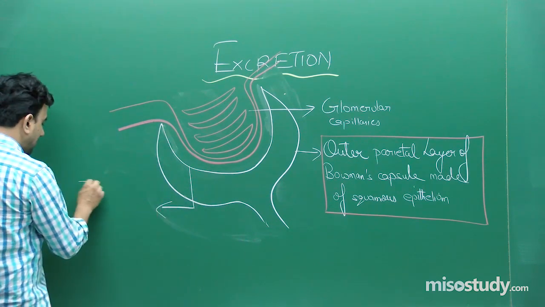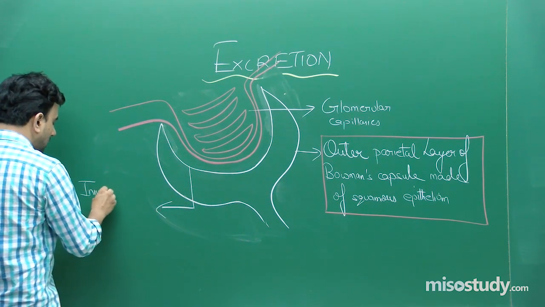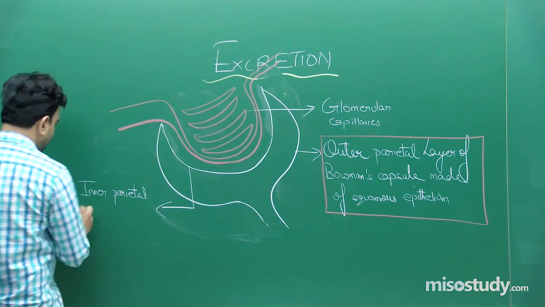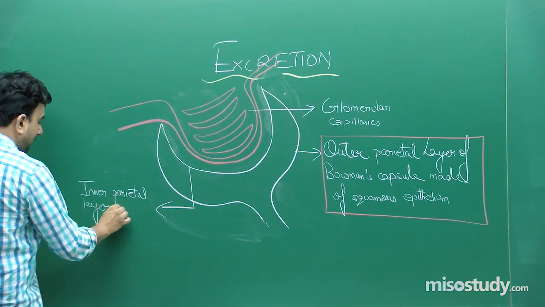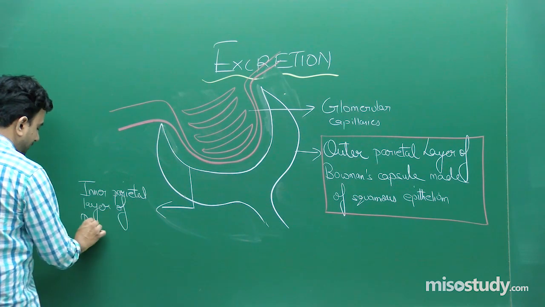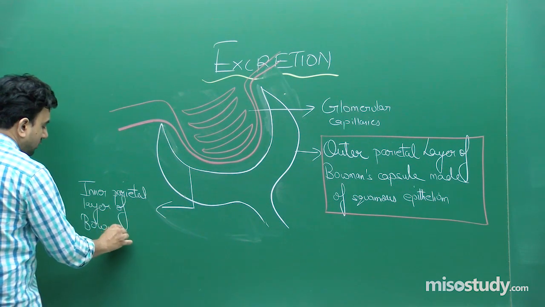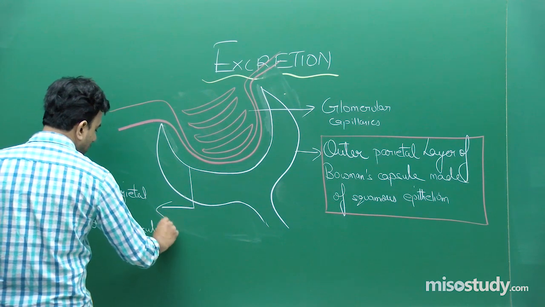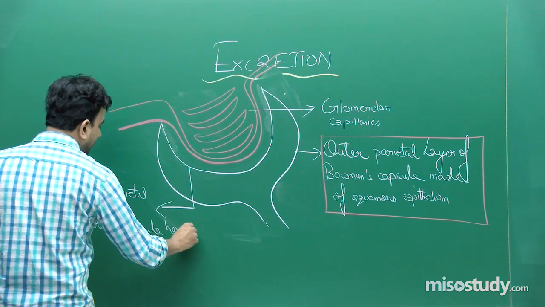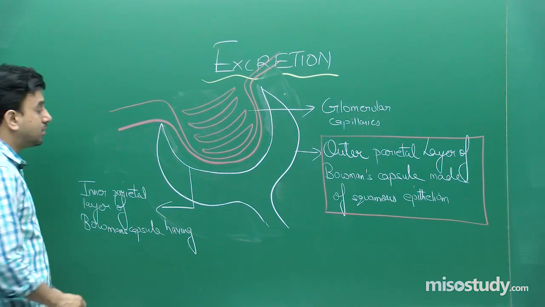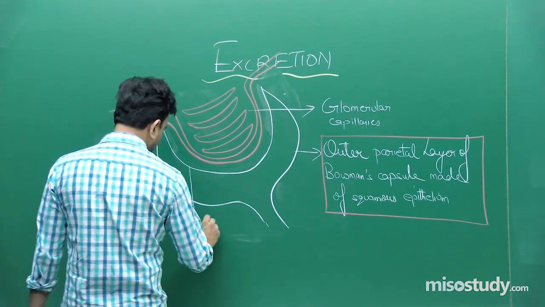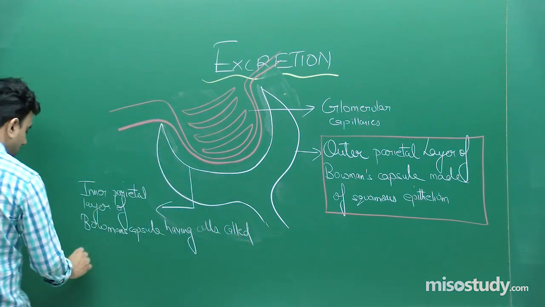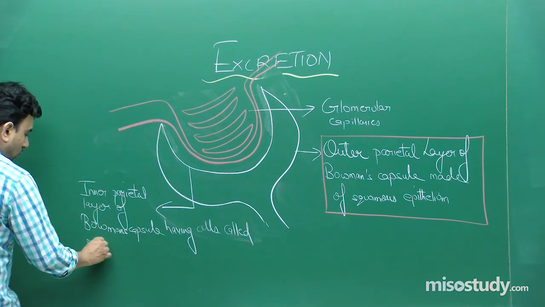And this one is the inner visceral layer of Bowman's capsule, having cells called the podocytes.